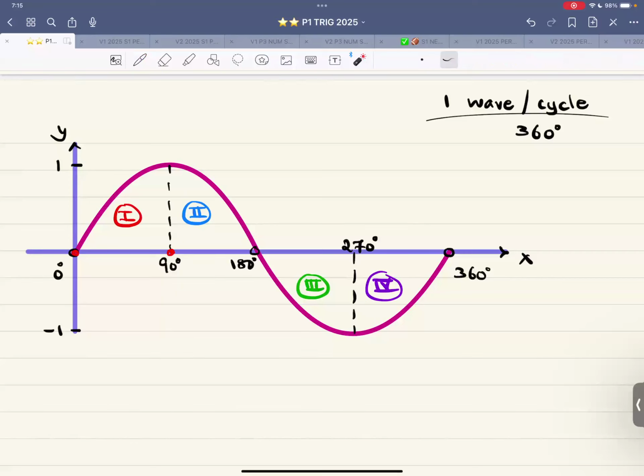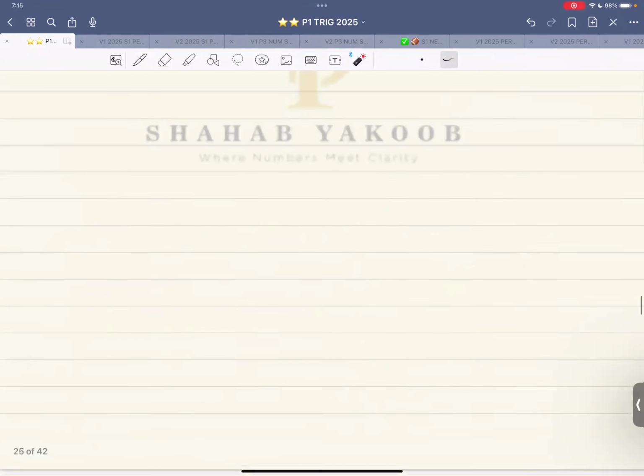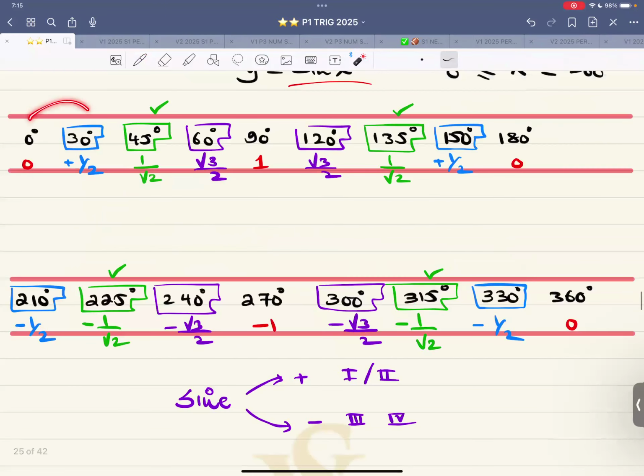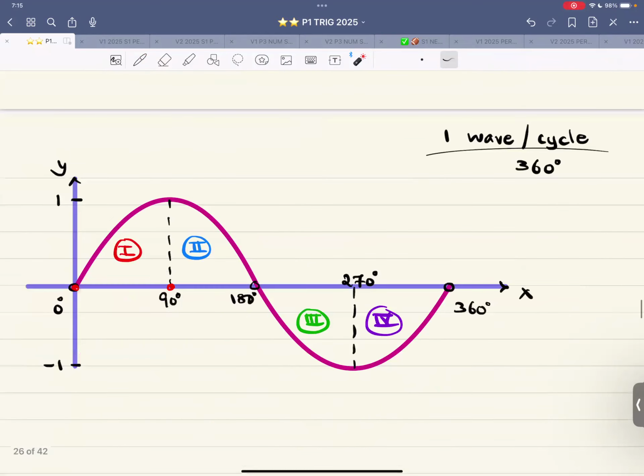And of course, why is it a curve and not a linear graph? Because between 0 and 30, there is a difference of half, but between 30 and 60, again a difference of 30 degrees, this difference is not half, it is less than half. So that is why it curves out. And these are the five major points that we are interested in: the first, second, third, fourth, and fifth.